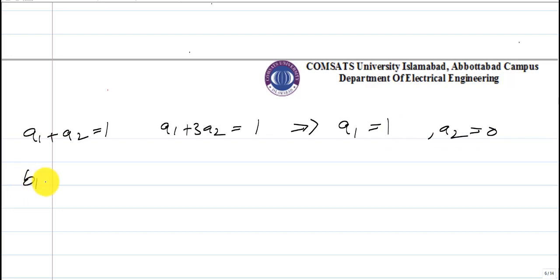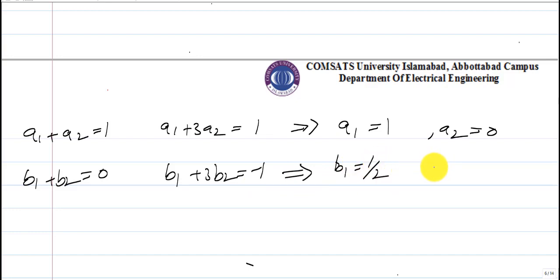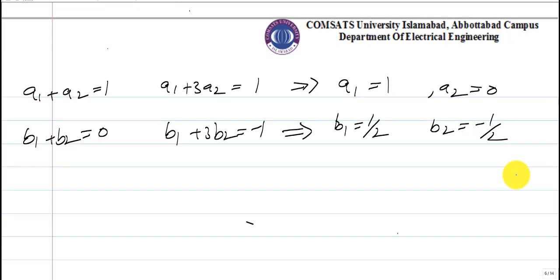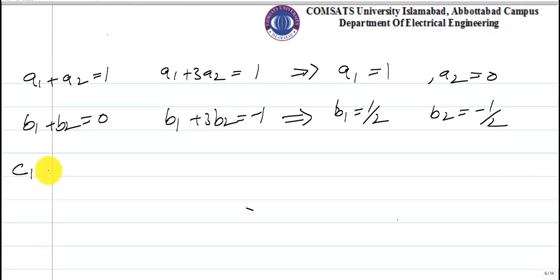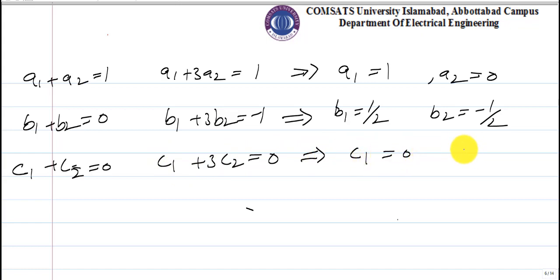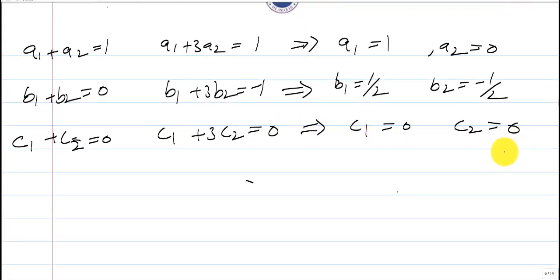Similarly b1 plus b2 is equal to 0, and b1 plus 3b2 is equal to minus 1, which implies b1 is equal to 1 by 2 and b2 is equal to minus 1 by 2. Similarly c1 plus c2 is equal to 0, and c1 plus 3c2 is equal to 0, which implies c1 is equal to 0 and c2 is equal to 0.